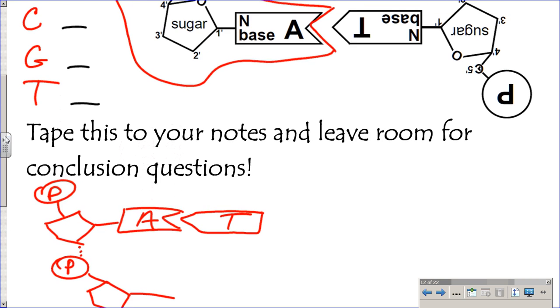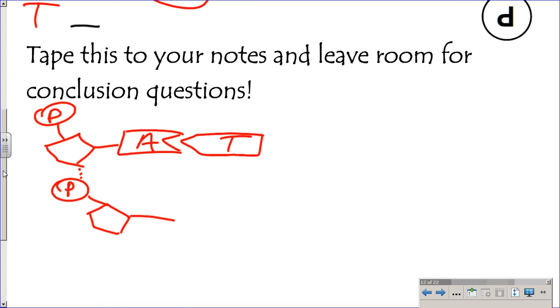What's my next one? C. Does the C have a rounded shape?